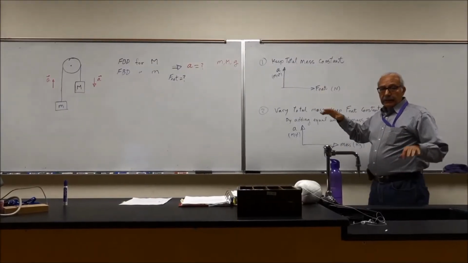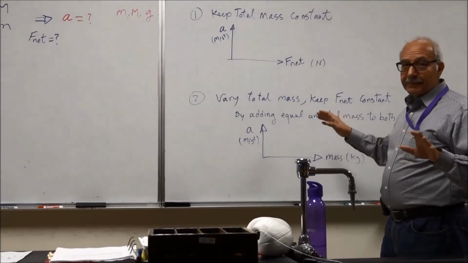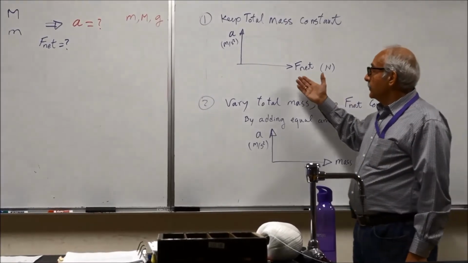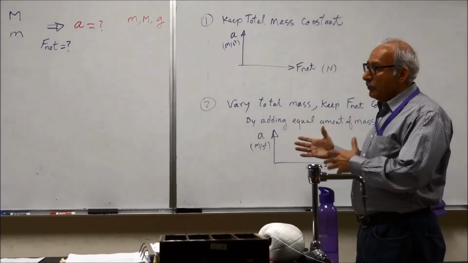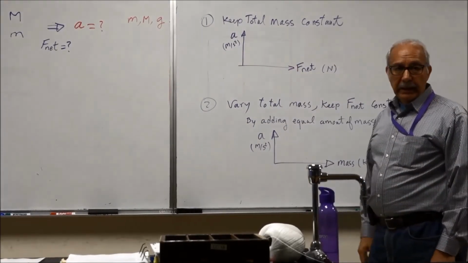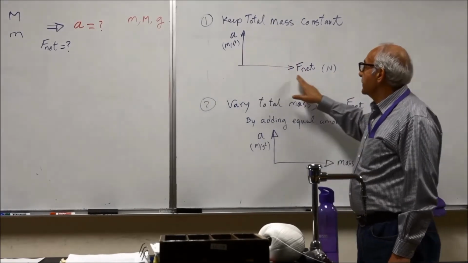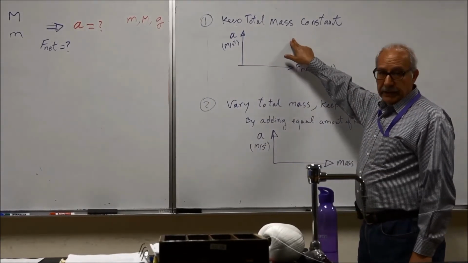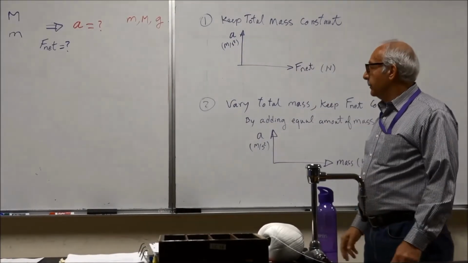That way, the total mass of the system is going to be constant. However, the net force on the side that has more mass is going to increase, and obviously the acceleration as well. So you're going to plot acceleration versus F net for this case, and answer the questions in your lab handout.